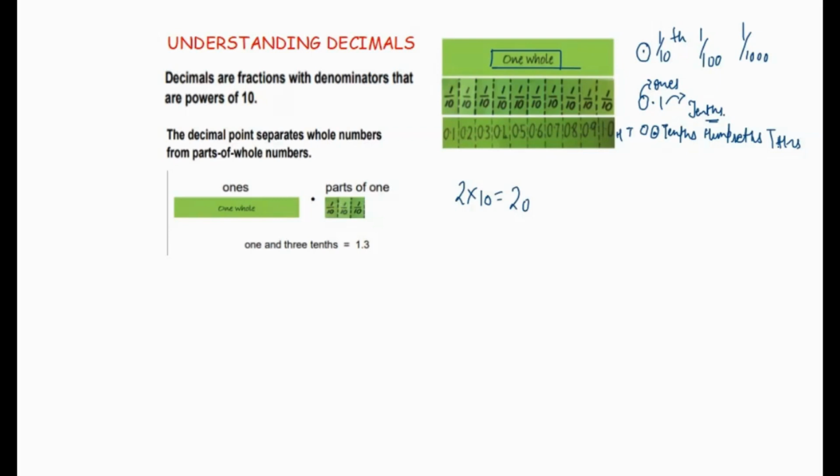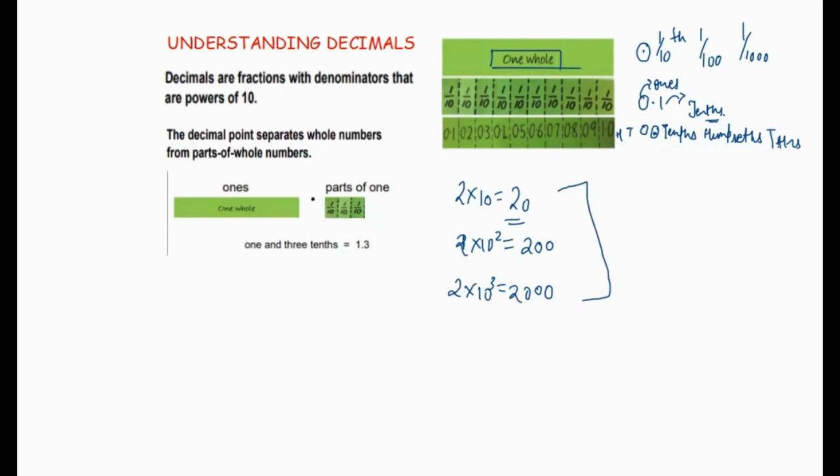If I multiply 2 by 10 to the power 2, it becomes 200. If I go with 2 into 10 to the power 3, it becomes 2000. These are increasing the values.